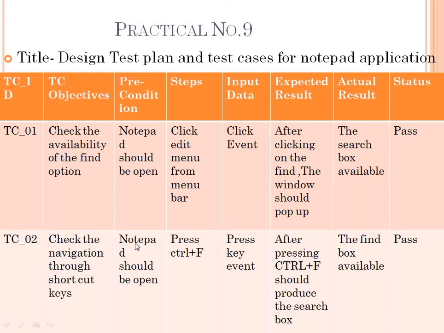The precondition is that Notepad should be open, and the step is to press Control F. When we press Control F, a key event occurs, and the expected result is that the search box should appear. The actual result is that the find box is available, which matches the expected result, and the status is pass.